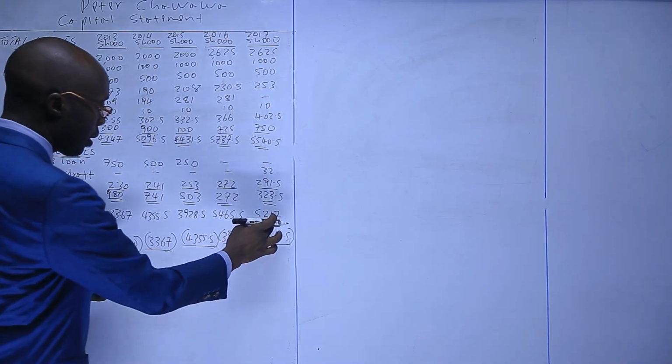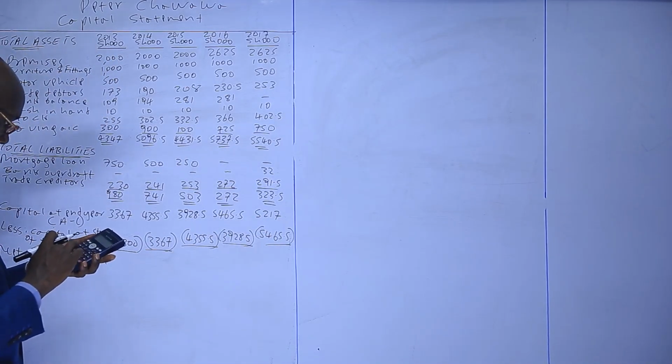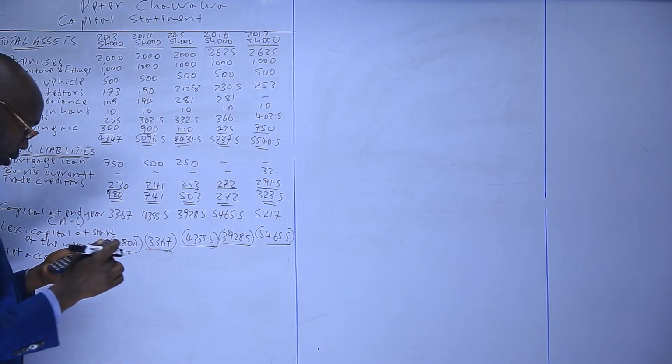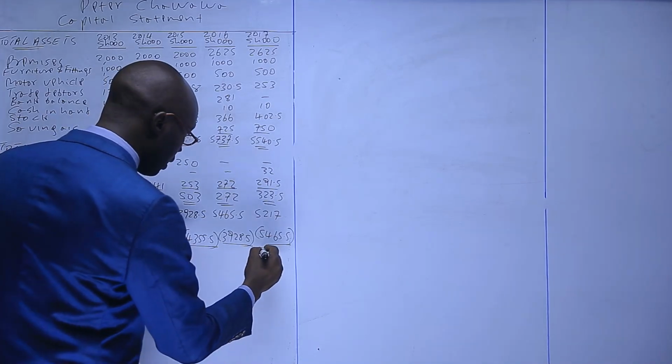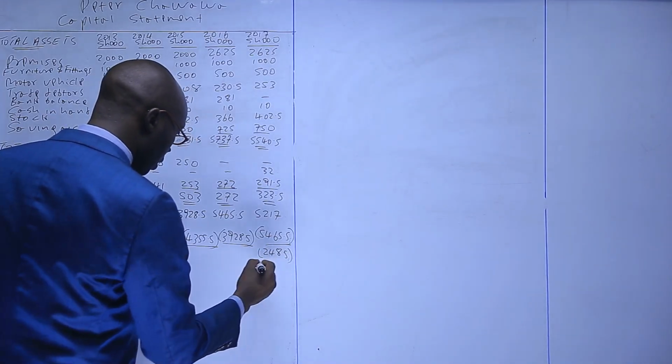So we start with this, that figure minus 5465.5, giving us negative 248.5.